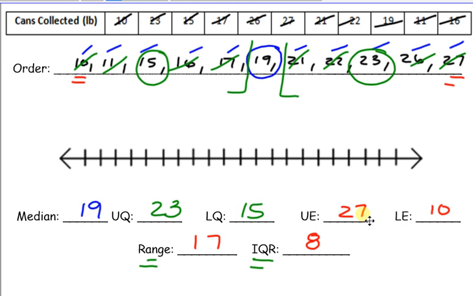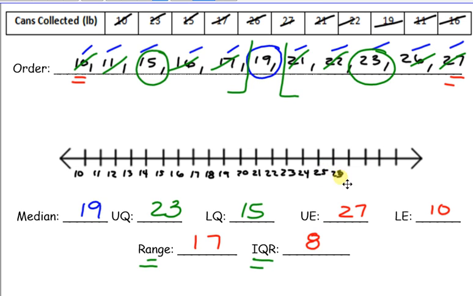So I have to go from 10 to 27. And I think I'm going to try and go by ones here. So 10, 11, 12, 13, 14, 15, 16, 17, 18, 19, 20, 21, 22, 23, 24, 25, 26.